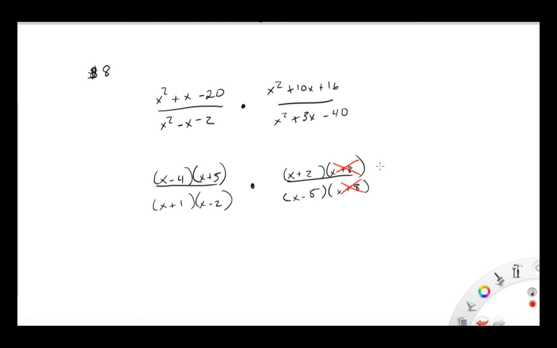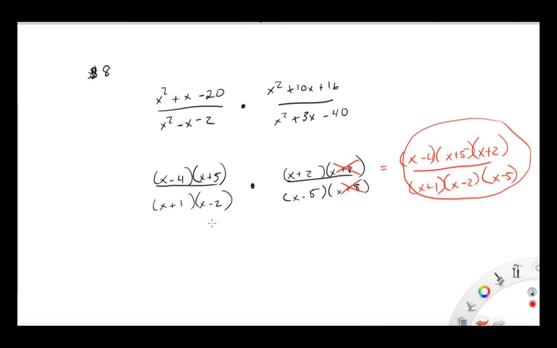Okay, so it looks like that's all we have as far as the canceled spots, so we can't cancel anything else out. So here's our answer: x minus 4, x plus 5, x plus 2, all over x plus 1, x minus 2, x minus 5. That's the furthest we can simplify it.